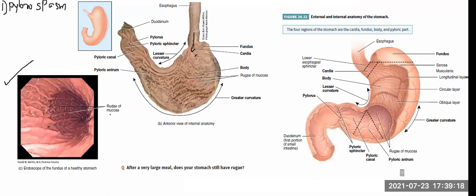These gastric glands lie in many narrow channels called gastric pits. Secretions from several gastric glands flow into each gastric pit and then finally into the lumen of the stomach, right?